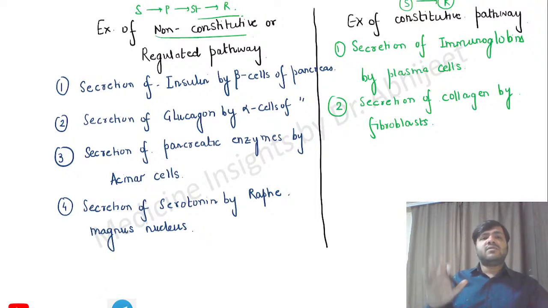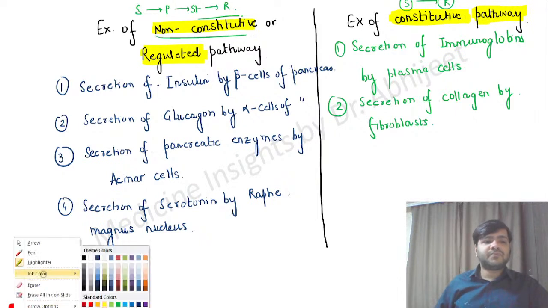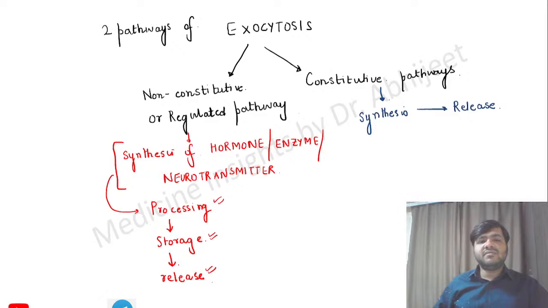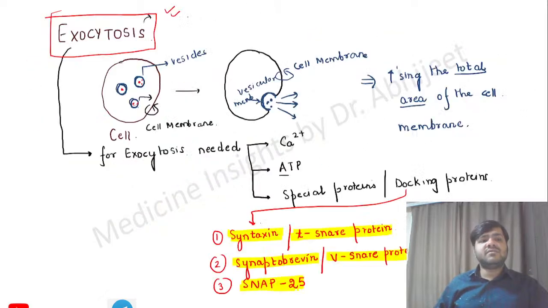So yes, that was about the non-constitutive pathway, which is also called the regulated pathway. Whereas we have the constitutive pathway, in which we have focused our discussion on two major examples. So we have discussed exocytosis in detail.